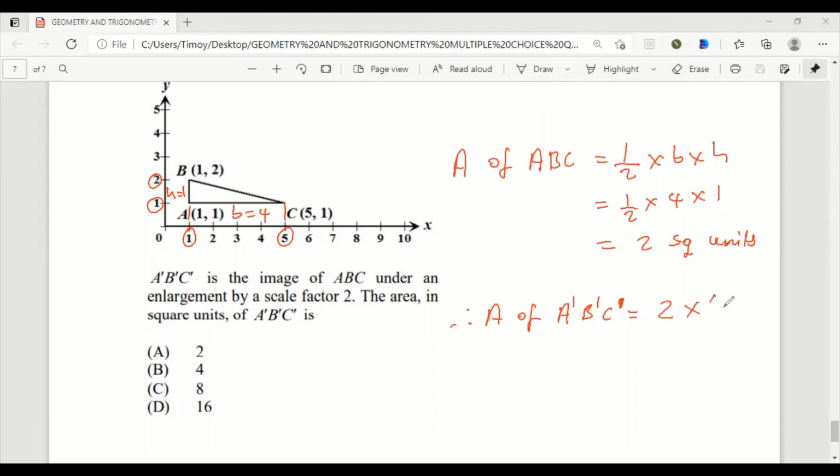The scale factor here is 2, and we must square that. So it's 2 times 2 squared, which is 4, so 2 times 4, which is 8. The area is going to be 8 squared units. All right, so our answer here is going to be C.